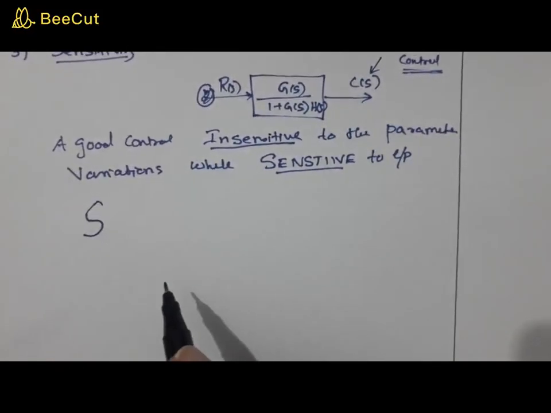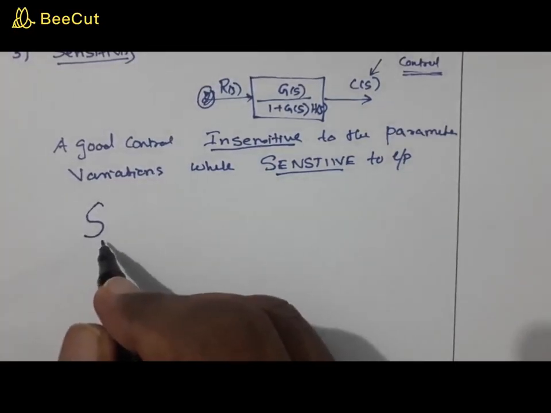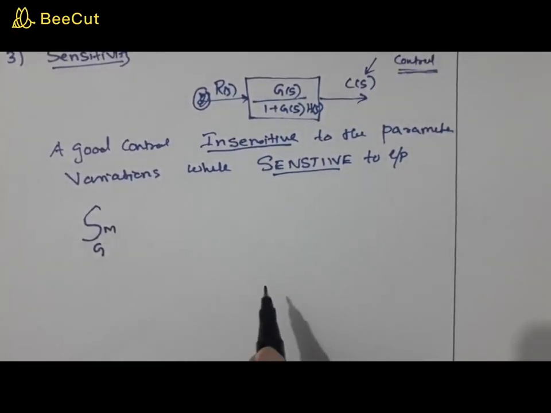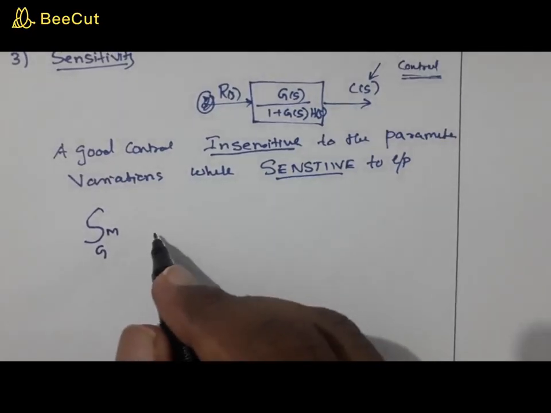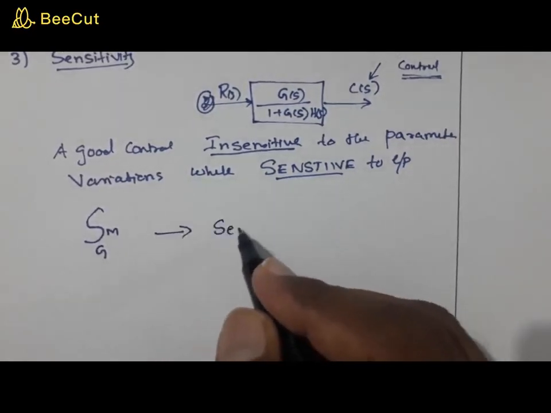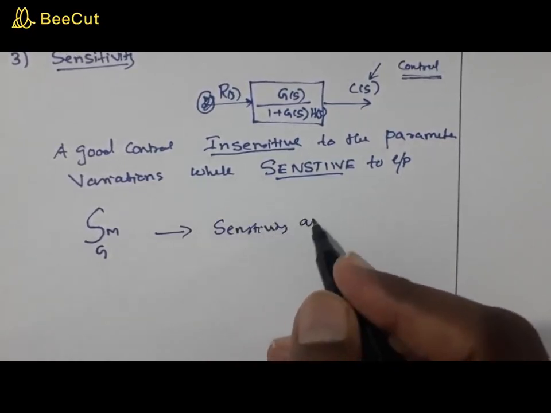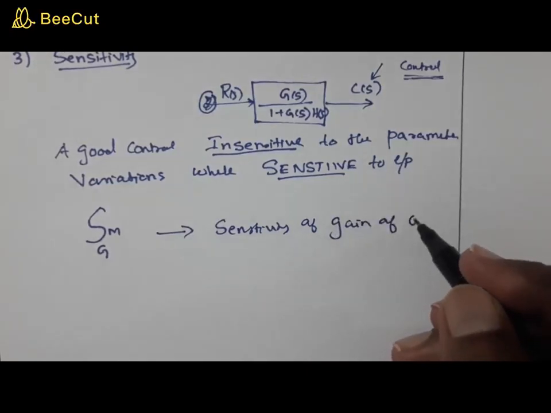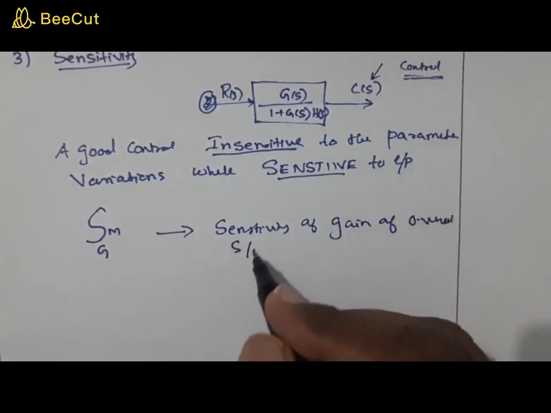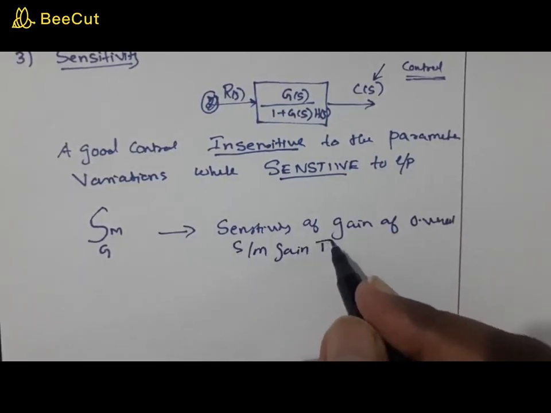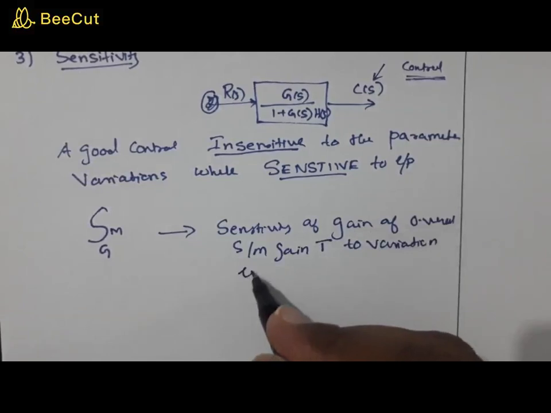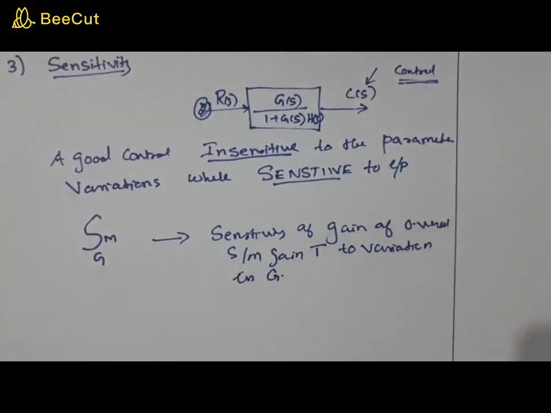The sensitivity is represented as S suffix G, superscript M. This is the sensitivity of the overall system gain, say call this T, to the variation in G. So what is the meaning of that?